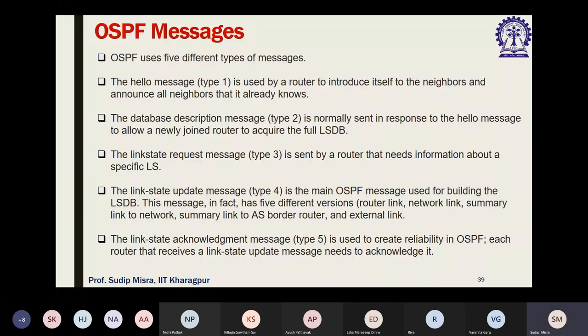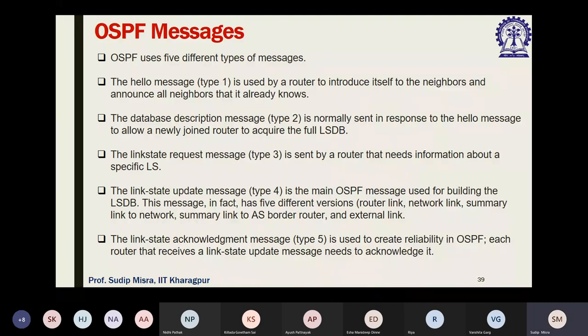So whenever a router comes up, when you turn it on, it is going to share these hello messages with the other devices in the network to say that it is existing. So this is type 1. Type 2 is the database description message, which is normally sent in response to the hello message to allow a newly joined router to acquire the link state database. LSDB is the link state database, that means the link state table.